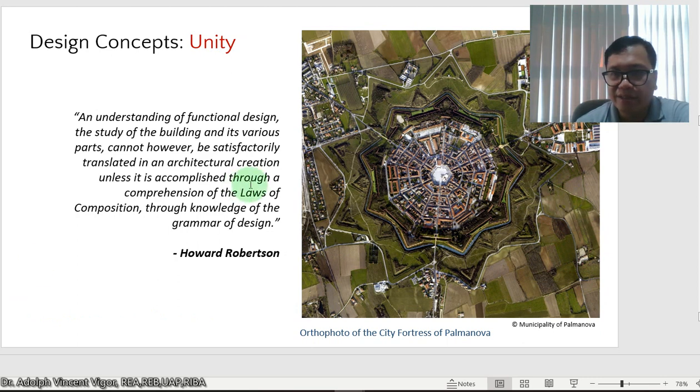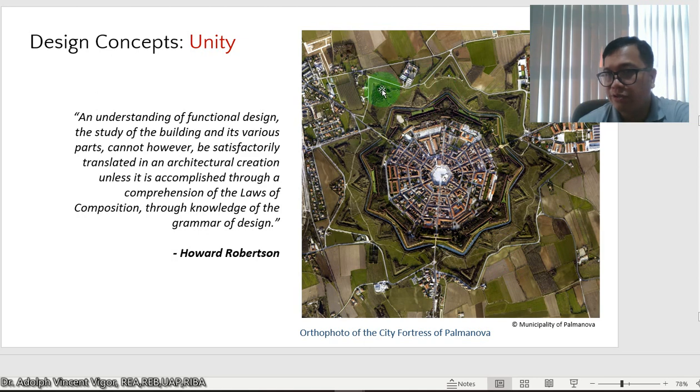The next concept is unity. So when I see the star-shaped patterns, usually I think about fortifications. It is a star shape for defense. If you remember, these types of settlements were developed when the cannon was invented, so that they could better defend fortresses.